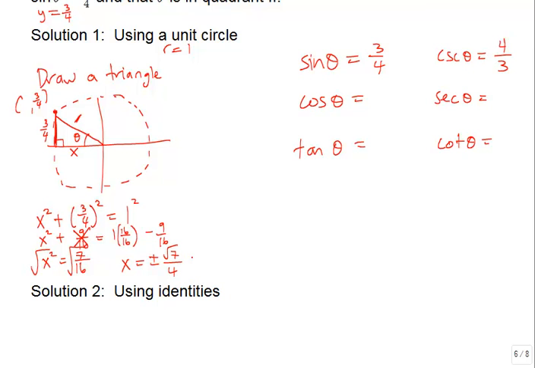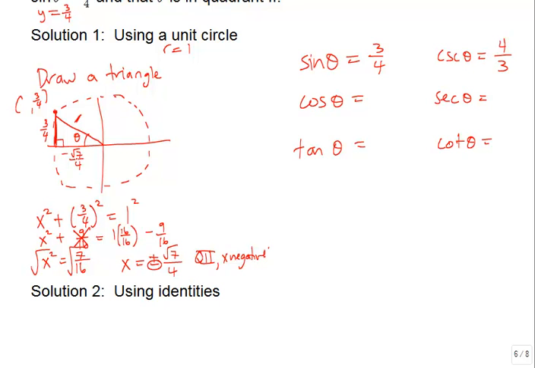Now here's where that quadrant is important. We are in quadrant 2, and in quadrant 2, x needs to be negative. So I am going to use the negative answer here. So I'm going to let x be negative square root of 7 over 4.